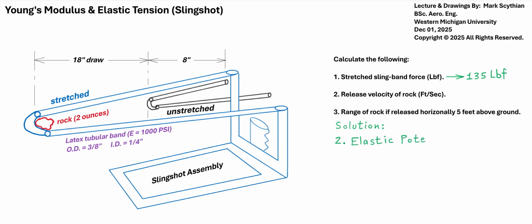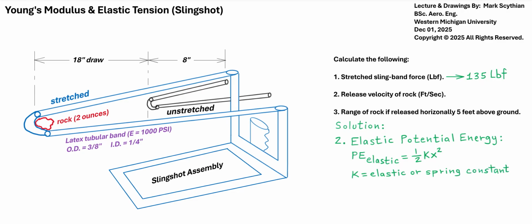Now we focus on elastic potential energy, and it is described as 1/2 k x squared. K is the elastic or spring constant, and we'll take this over newtons of force per meter of distance.